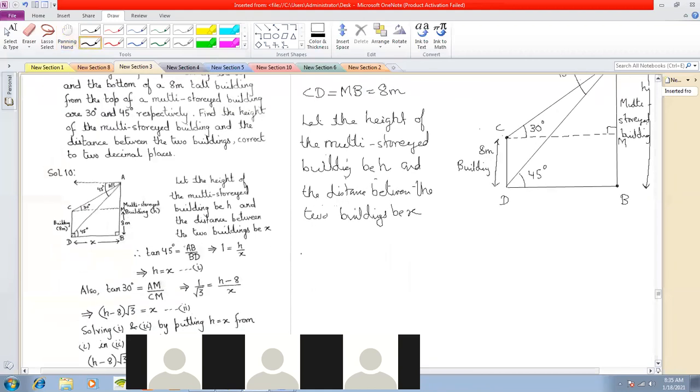So what have we assumed here? Therefore, AB must be equal to h and DB must be equal to x.